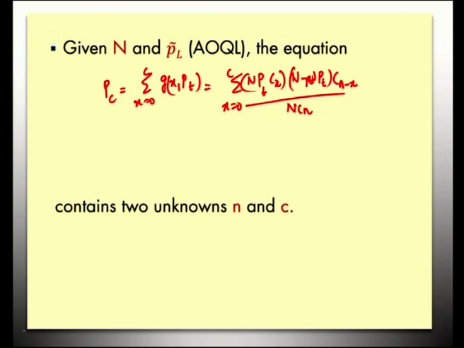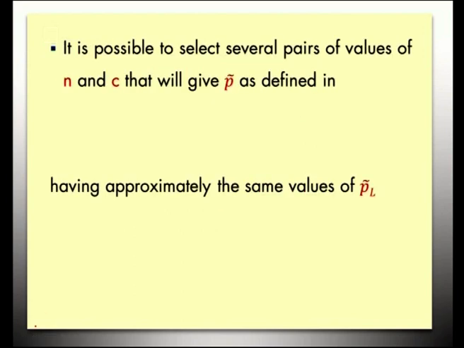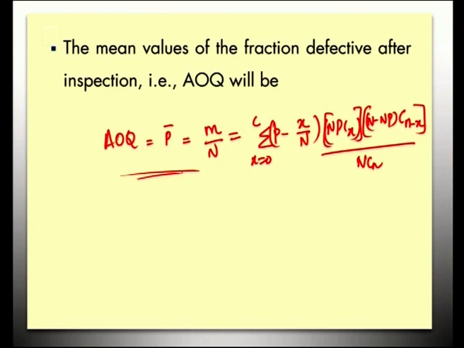Now, this equation contains two unknowns, n and C. It is possible to select several pairs of values of n and C which will give p as defined in this AOQL formula. There are several values of small n and C which give various values of p bar.